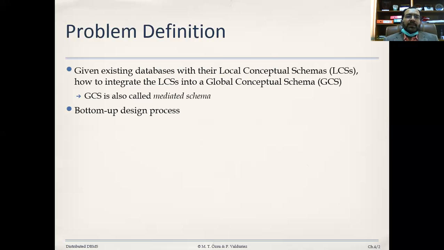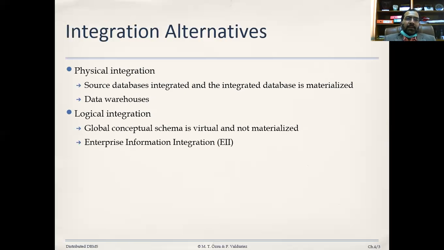For that purpose, normally the bottom-up design process is used. Why? Because here we are talking about the LCS, and by combining those LCS together, we can formulate the definition of the GCS. That is why it is called a bottom-up design process.